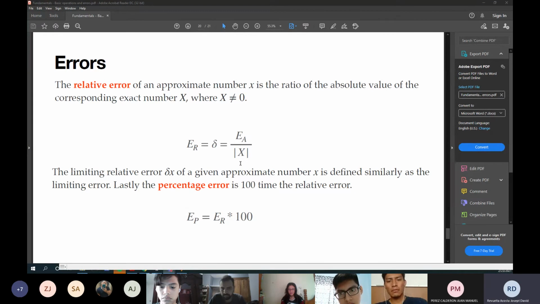So my error with Esperanza was equal to 5. Y el valor real en este caso era igual a 100. ¿Cierto? Entonces sería igual a 5 dividido entre 100. Me va a dar igual a 0.05. Mi error relativo que tuve con Esperanza, en este caso, fue igual a 0.05.